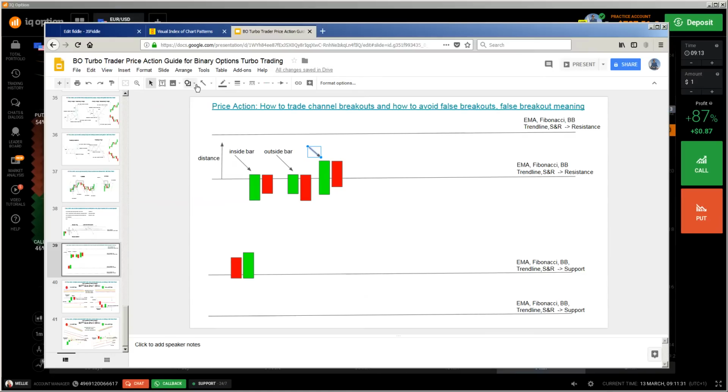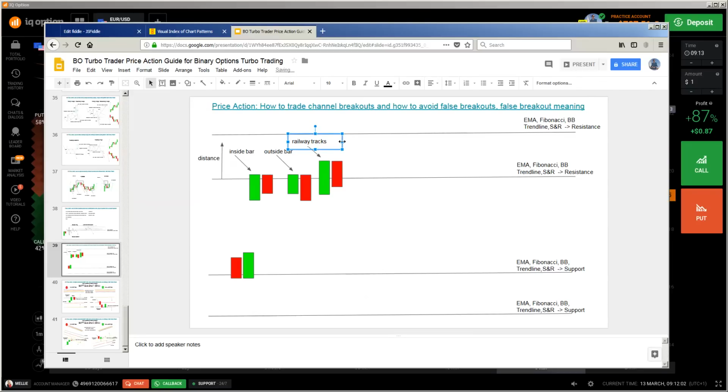But this is called the railway tracks, because it looks like a train has passed by. And this is the most difficult to identify, because it looks like a breakout, and at the end it returns and you end up out of the money. So railway tracks. So these are the three parts.